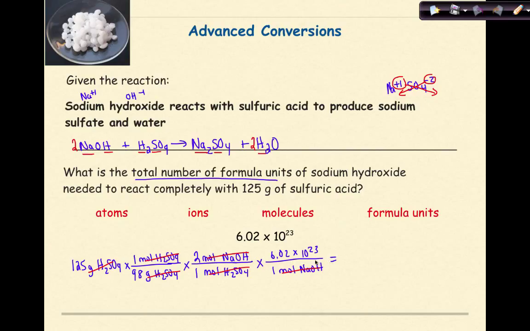So if I work this out for an answer, I get 1.54 times 10 to the 24th formula units of NaOH as my answer. That should be a 4 there. Formula units of NaOH is my final answer. Also making sure that the significant figures I end with match the significant figures that I started with.